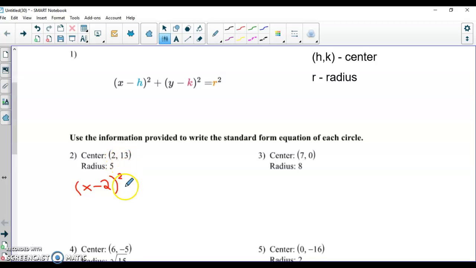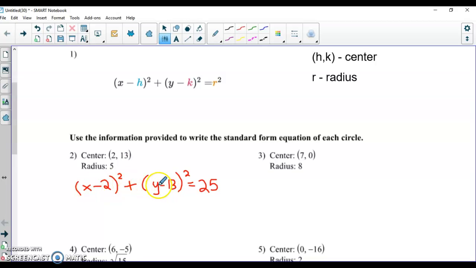And then your y value is 13, so there's a plus here. And this is the y value of the center, so that's another minus because there's a minus in the equation already. So that's going to go there, and then that equals your radius squared. Our radius is 5, 5 squared is 25. Okay, so that's how you would write the equation.